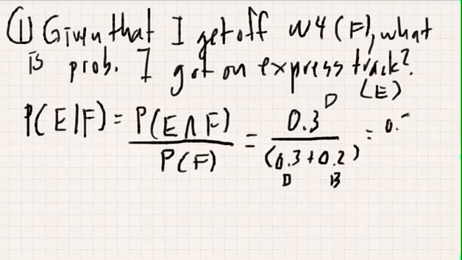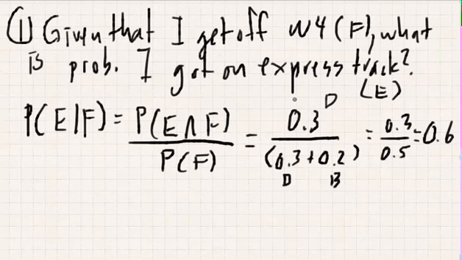So I get 0.3 divided by 0.5, which is 3/5, or 0.6. So there's a 60% chance that I got on the express track given that I got off at West 4th. So if you saw me hanging around at West 4th and asked, hey, what train are you waiting for? And I'm like, the F, you could assume that there's a 60% chance that I took the D.